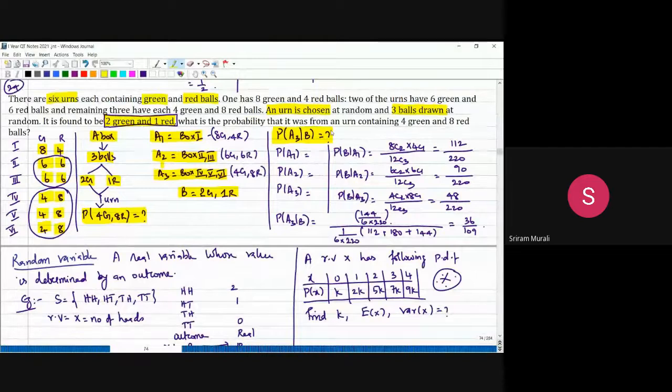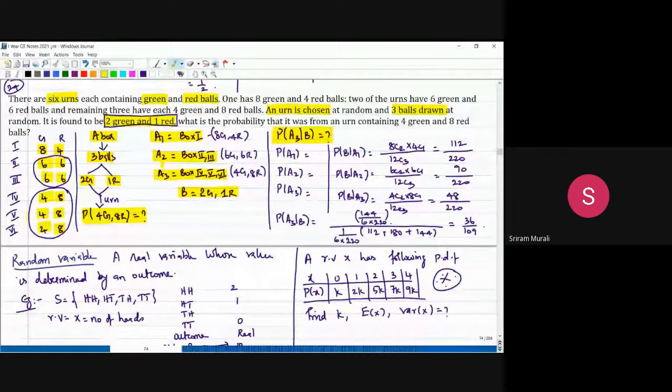You are having only 2 colors, green and red. Box 1 is very clear, 8 green and 4 red. Box 2 and 3, he says, have 6 green and 6 red each. Likewise, 4, 5, 6 have 4 green and 8 red.